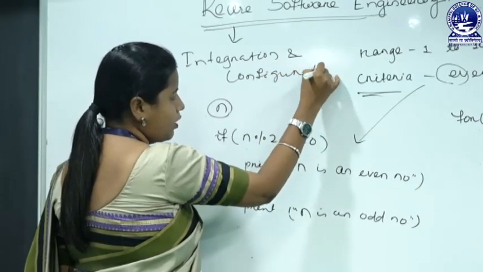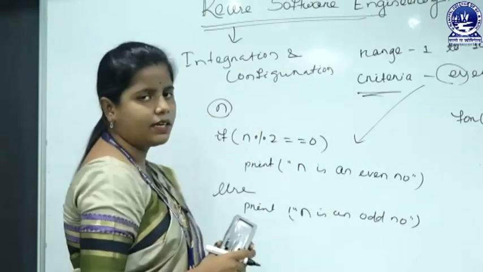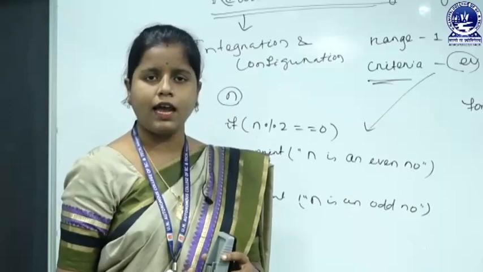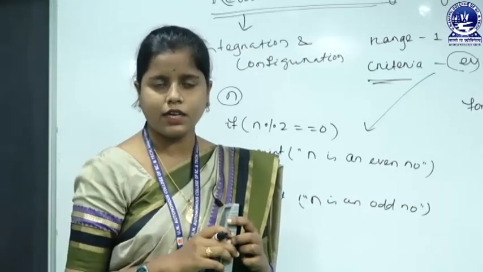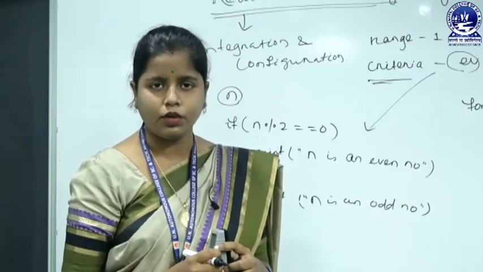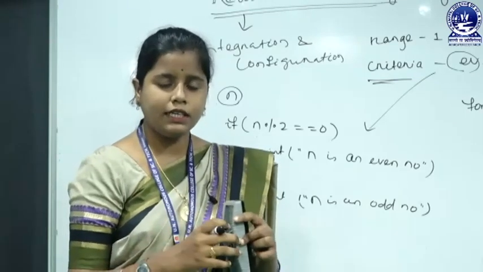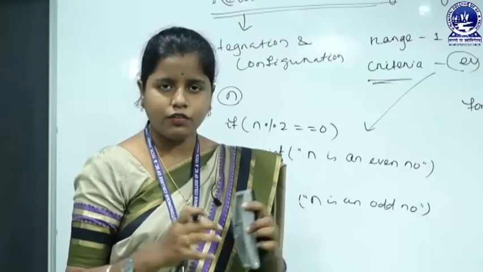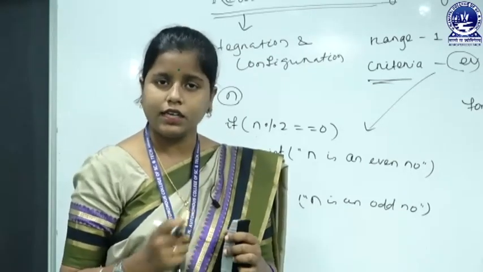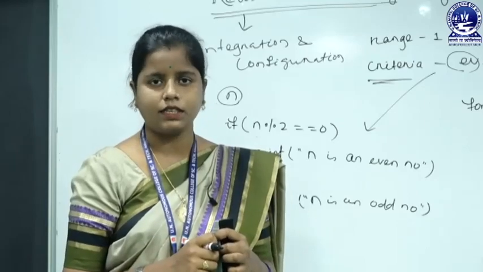That means we collect the components that are readily available, and if some components are not available, then we develop new components and integrate them. Then when we configure them, we get what fulfills our exact requirements.